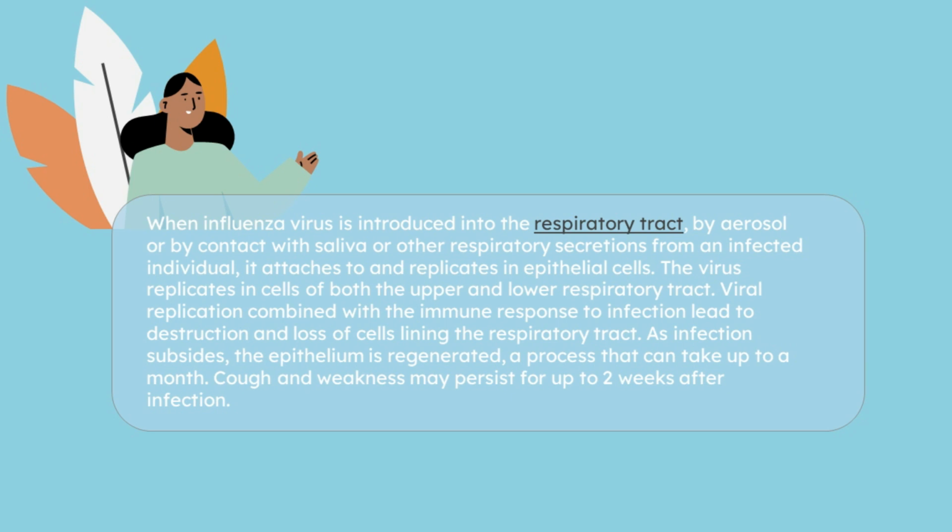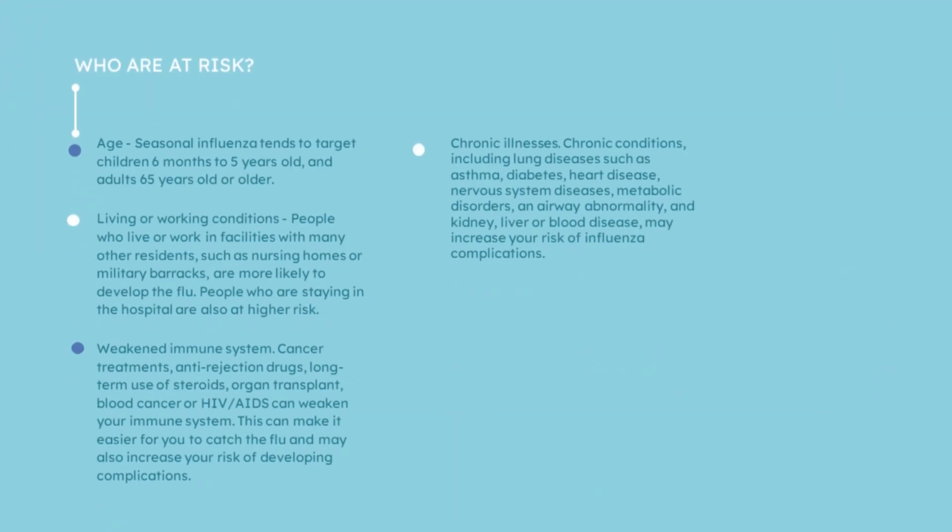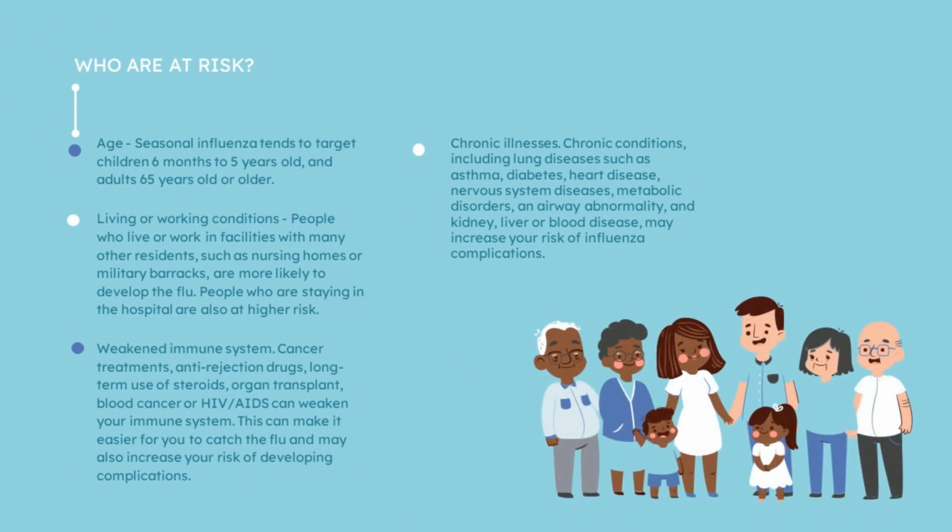Who are at risk? Age. Seasonal influenza tends to target children 6 months to 5 years old and adults 65 years old or older. Living or working conditions. People who live or work in facilities with many other residents, such as nursing homes or military barracks, are more likely to develop the flu.